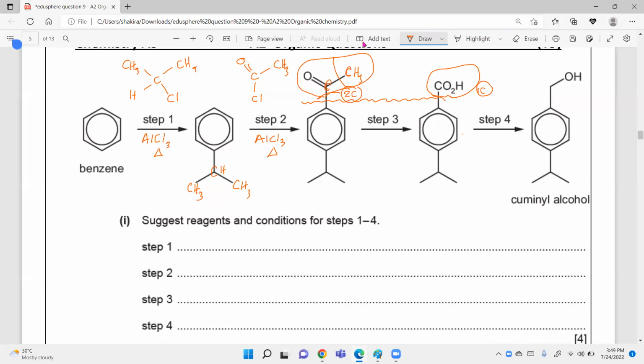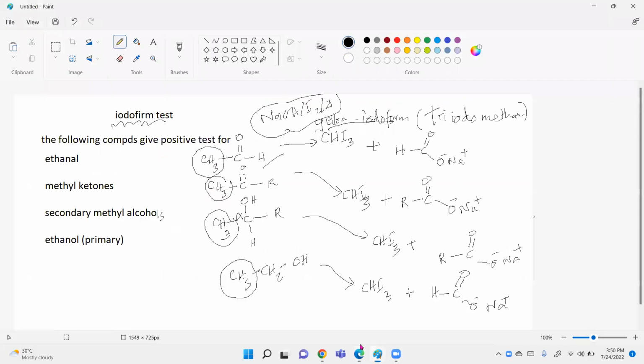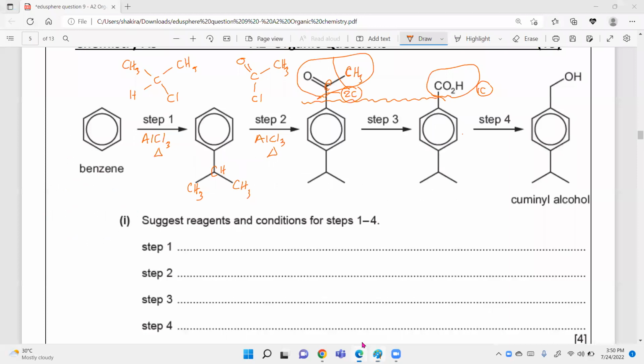In the iodoform test, this CH3 part goes out, as I told you earlier. During the iodoform test, one CHI3 part goes out, and the main compound in the reaction has one carbon atom less than the reactant in all these compounds.